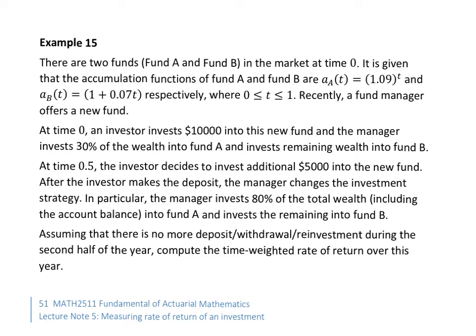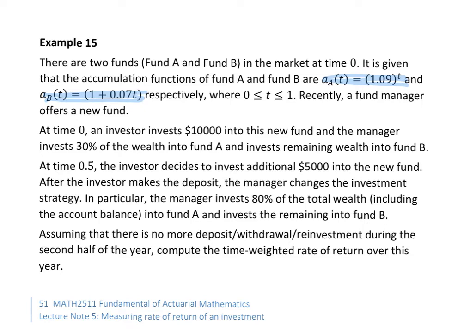First of all, we have two funds available in the market, let's call them fund A and fund B. In this problem, you are given the accumulation functions of fund A and fund B as 1.09 to the power t for fund A and 0.007t for fund B respectively, and t can take any value between 0 and 1.